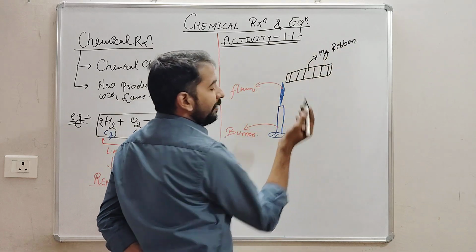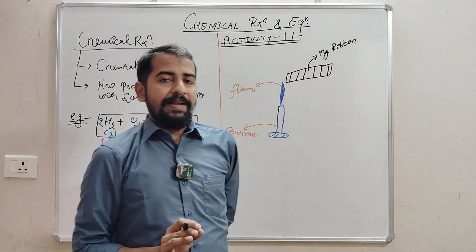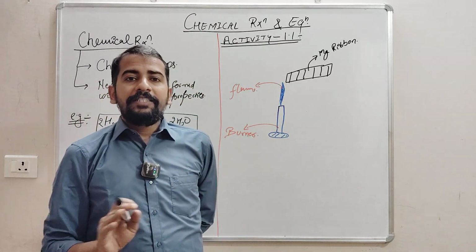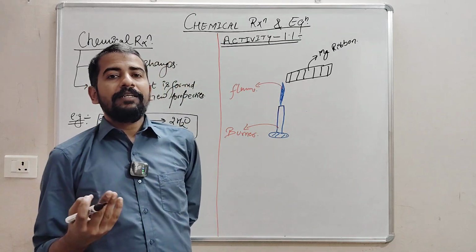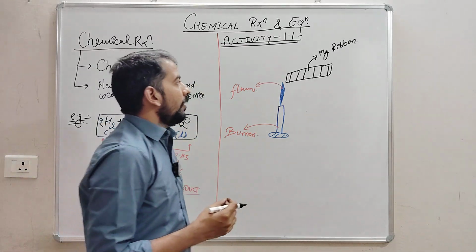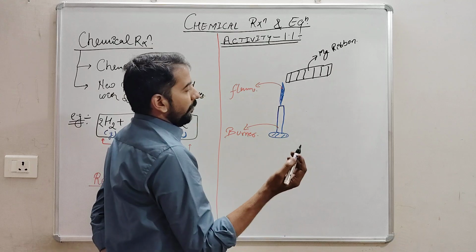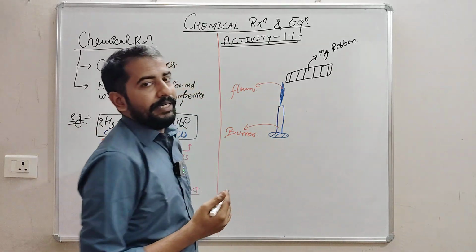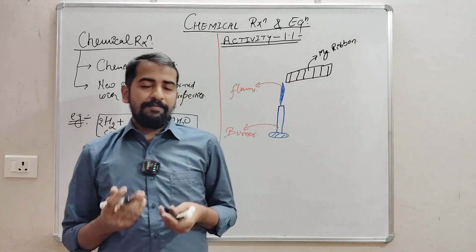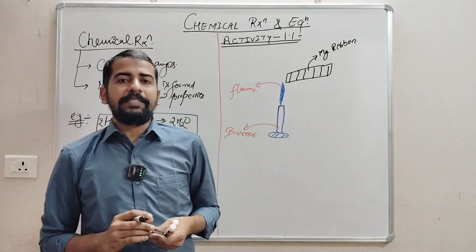Okay, and they said take magnesium ribbon and just clean it with sandpaper. तो देखिए why they are saying to clean with sandpaper. So if we are saying like in our environment, in our atmosphere, oxygen is already present.